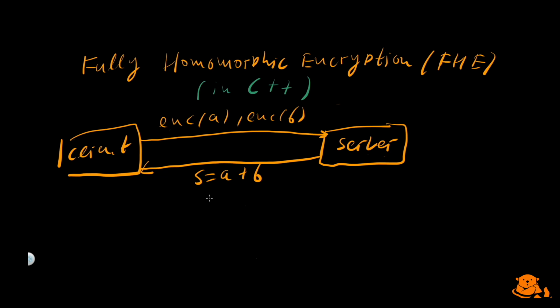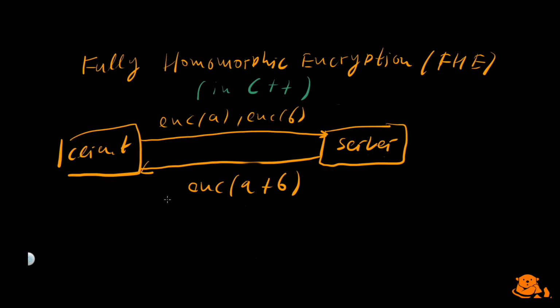And what's fascinating about FHE is that the server, even though it doesn't see a and b, can still compute their sum and return something like an encrypted version of a plus b without seeing a and b.